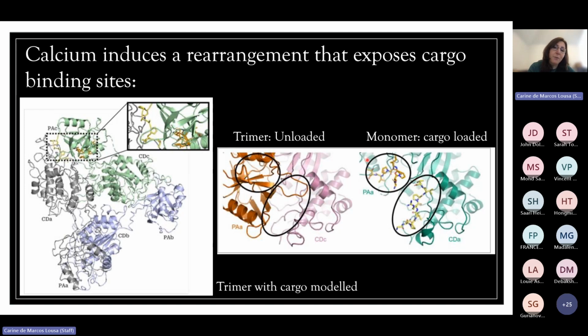While when there is the monomer only here, the structure is opening up and exposing the cargo binding sites, which are then allowed to bind each type of cargo.